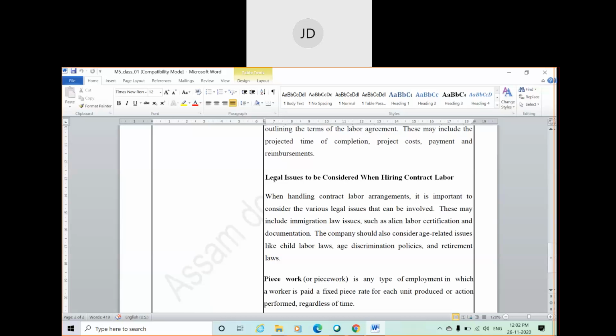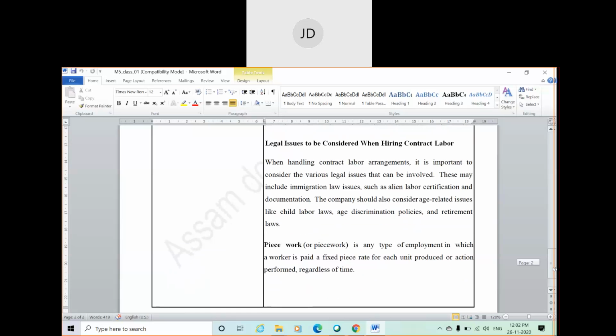So let's discuss some legal issues to be considered when hiring contract labor. We already discussed labor law. When handling a contract labor agreement, it is important to consider the various legal issues that can be involved. This may include immigration law issues, which are very important.